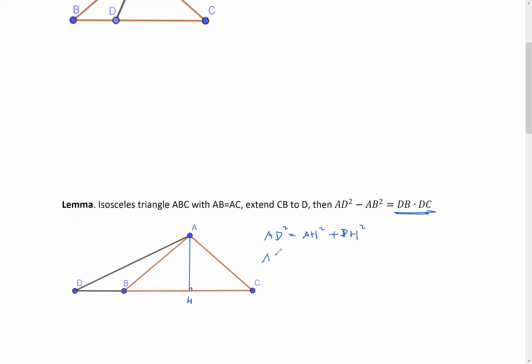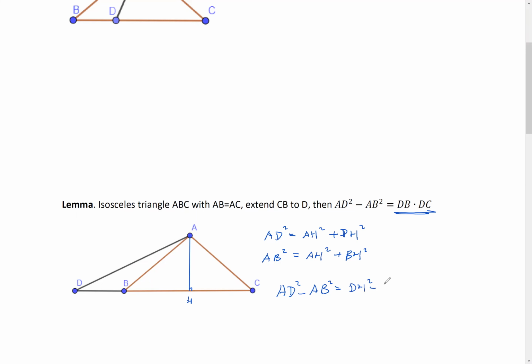AB squared equals AH squared plus BH squared. Nothing has changed, still Pythagorean, right? Now we do the subtraction. AD squared minus AB squared equals, again, this AH squared is canceled, right?